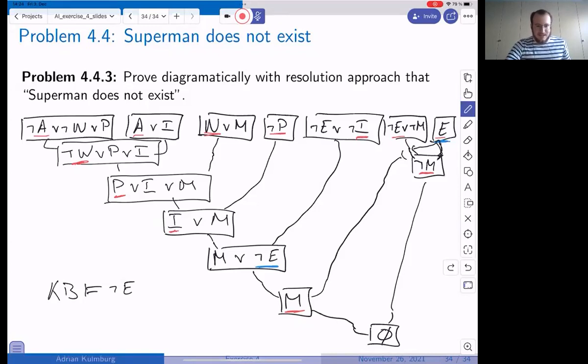Okay, so let me answer the many questions that have popped up. During problem 443, yes, should we go depth first or breadth first? As I said, there's not really any good strategy that I can give you here. There are some strategies that can make it a little bit faster, but this is just the satisfiability problem, sort of.